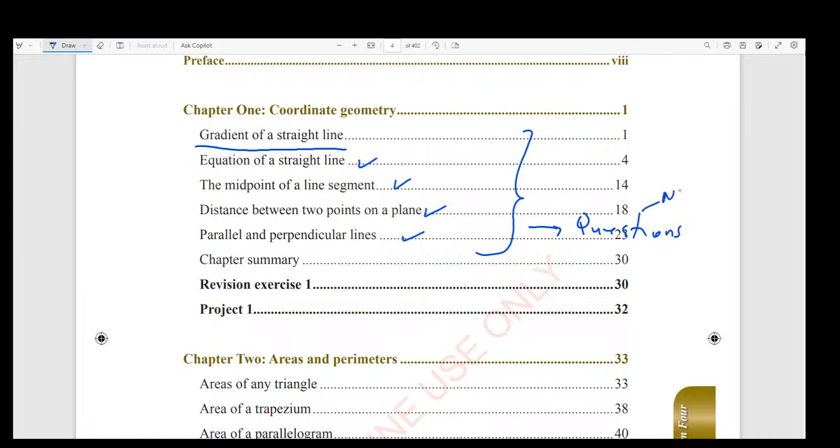Apart from NECTA questions, you will also be able to see questions from other sources, of course.